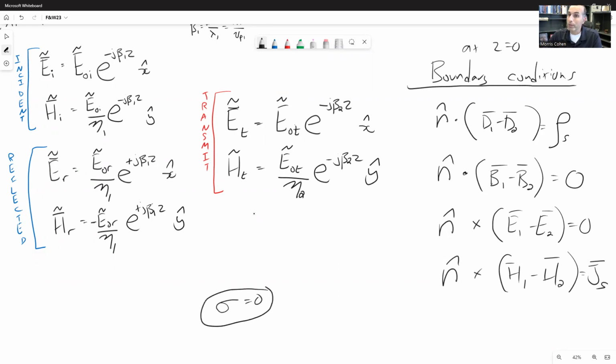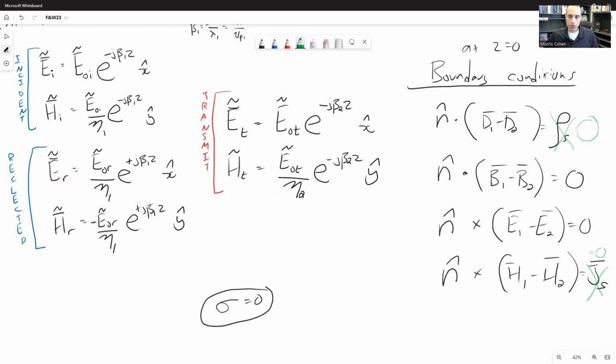These are pure dielectrics. And so for that, we can make a couple of simplifications. This rho s has to be 0. In order for there to be charge, you have to have current that flows and builds up that charge. And since there's no conductivity, there can't be any current, which also means that this Js has to equal 0 because we're assuming a perfect dielectric and something with no conductivity.